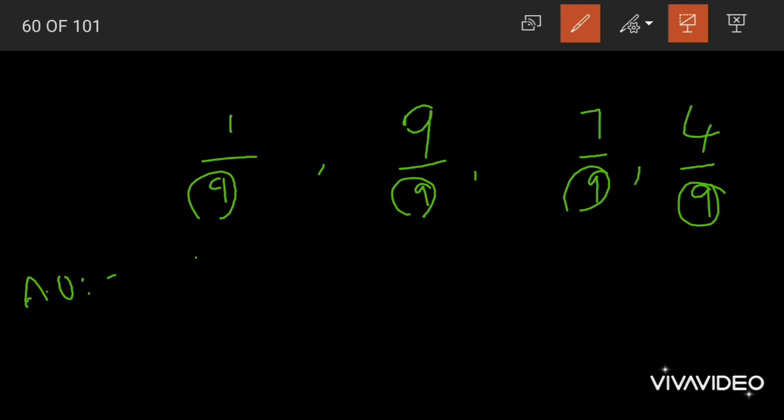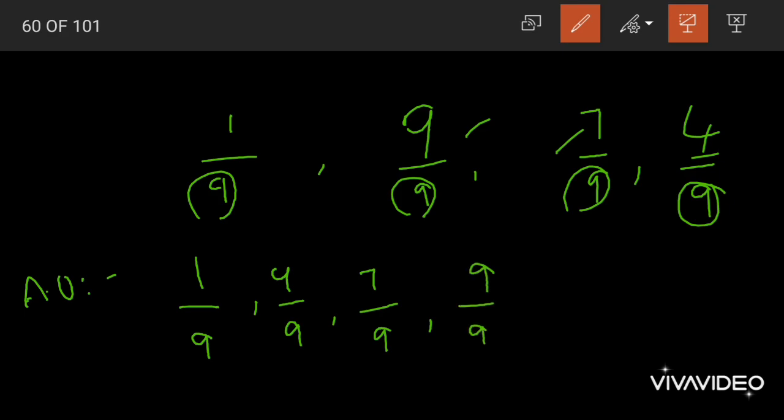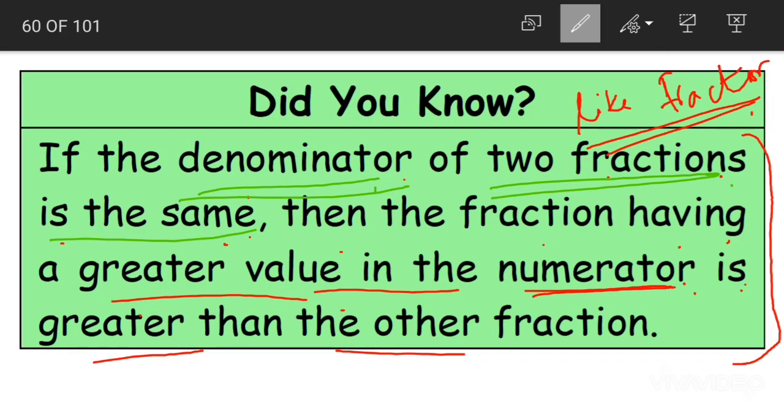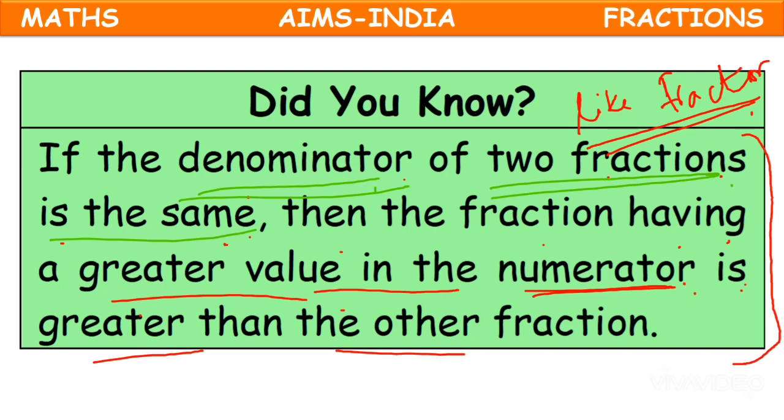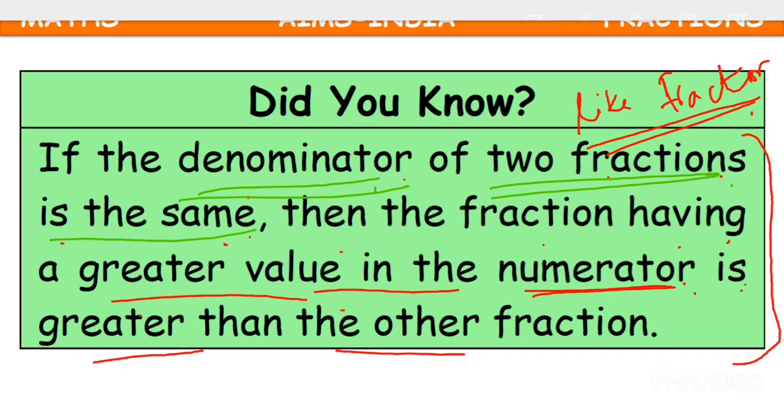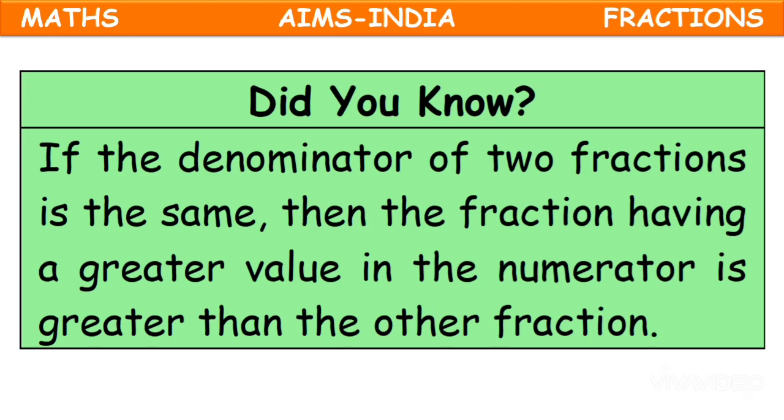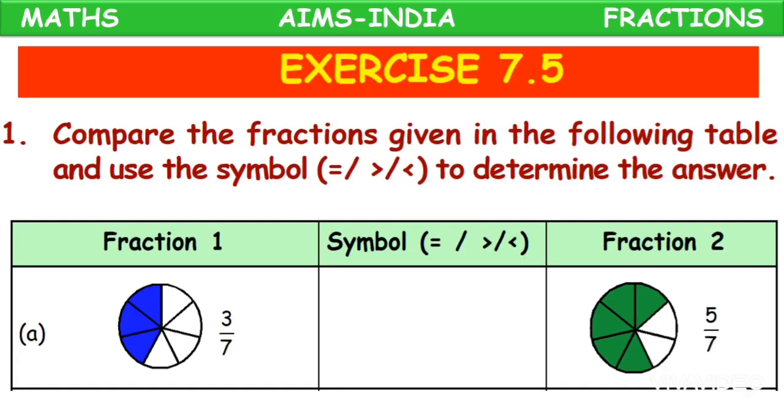So what is the smallest? 1, so 1 by 9. Then 4 by 9. Then 7 by 9. Then 9 by 9. This becomes our ascending order for the given like fractions. So when we have like fractions, the comparison becomes easy, and we can say which fraction is greater than the other.